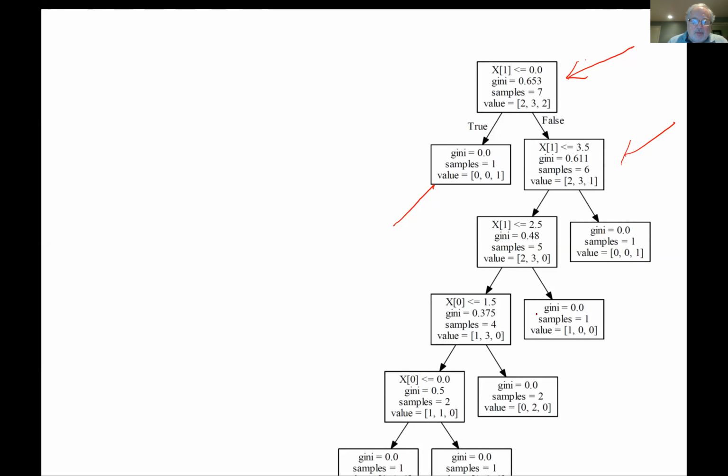In the example where the Gini went up, the other node's Gini is 0. What's always the case, if you've done a maximal split, is that the weighted sum of the two Gini indices will go down. Always goes down. So if I put the number of points times this and this, okay. Because otherwise you wouldn't split. If you can't lower the combined Gini index, you wouldn't split it. Okay, right, correct.